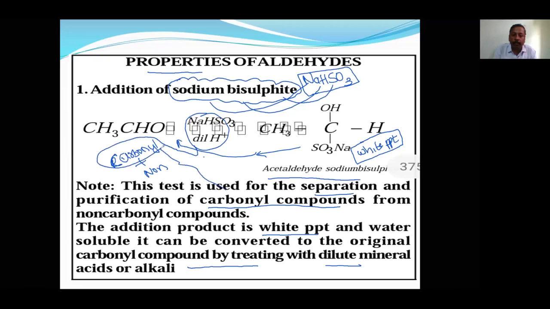And what will they form? A white precipitate. Bring that white precipitate outside and add water. Then by using the dilute mineral acid, you can convert it again. We will get the same compound. So this is used for separation. I think it is now clear to all of you.